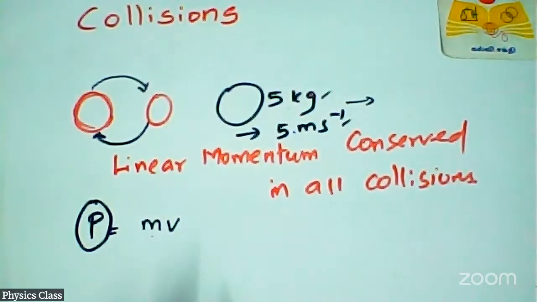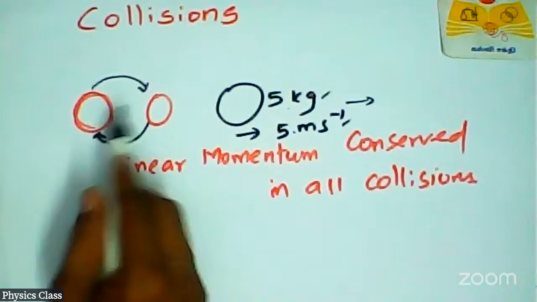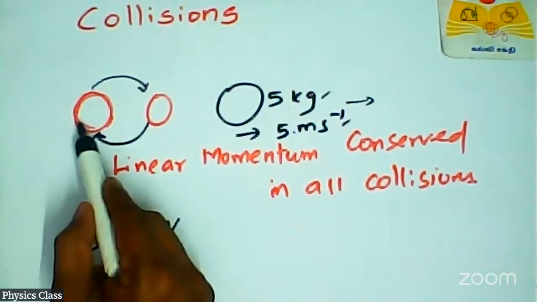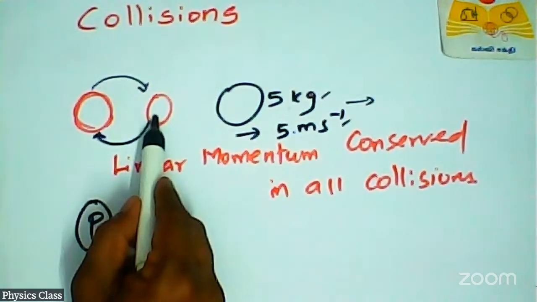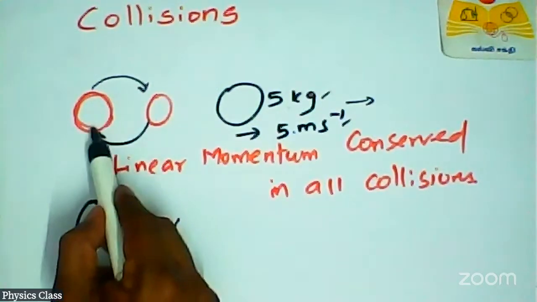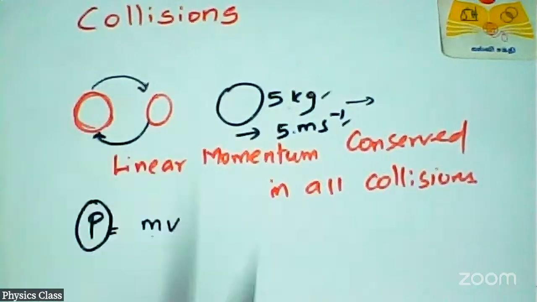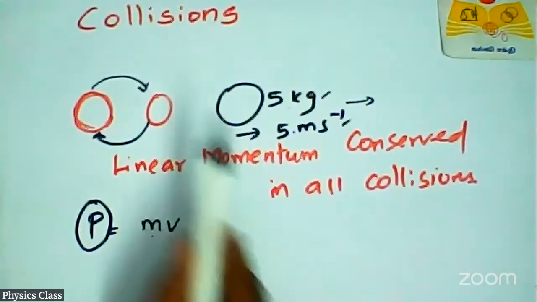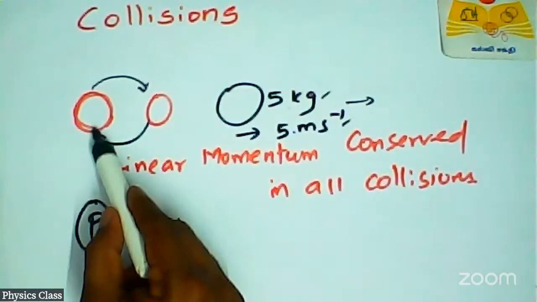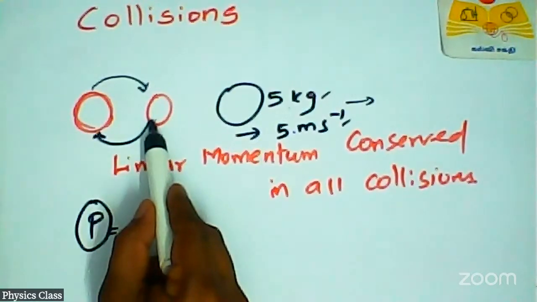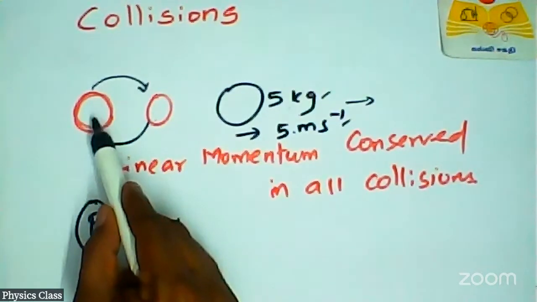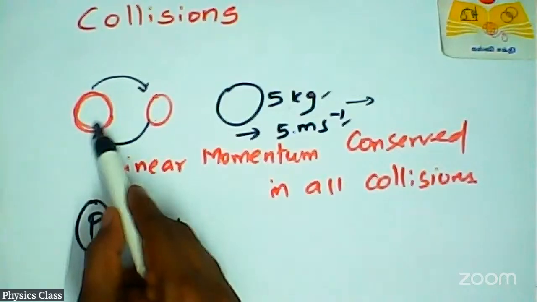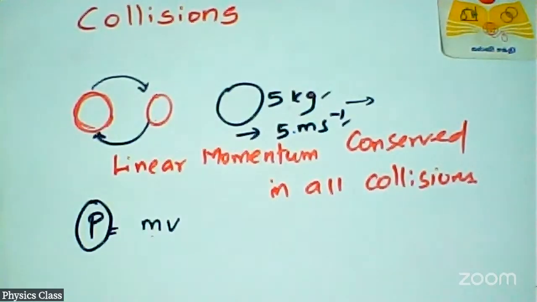That object gives an impulsive force on this object, and this object gives an impulsive force on that object. So each object changes the momentum of the other whenever there is a collision.